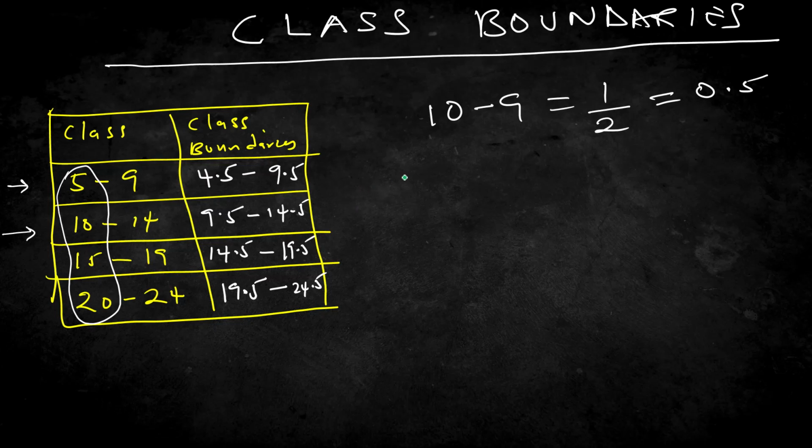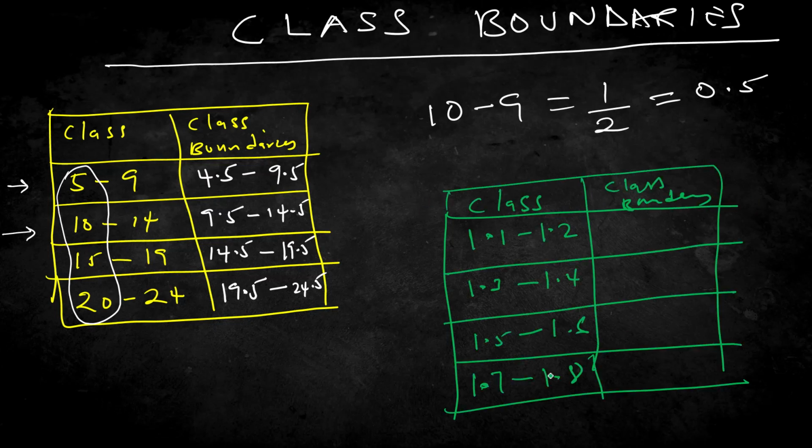So let's talk about more examples. When we're given this table, let's try this. You can pause the video and give it a try. We consider 1.3 minus 1.2, which is 0.1.